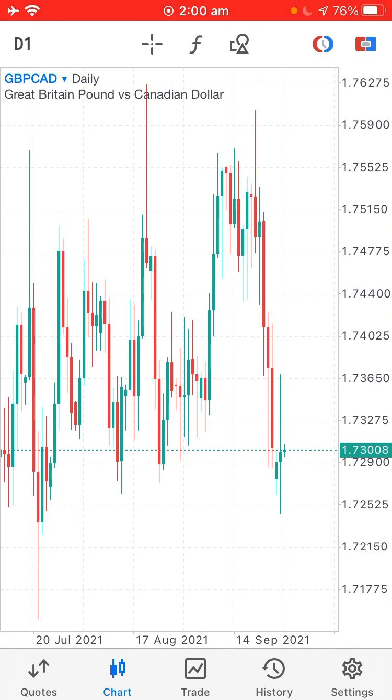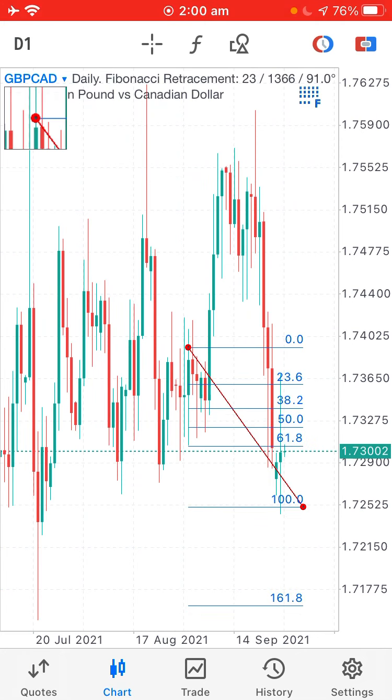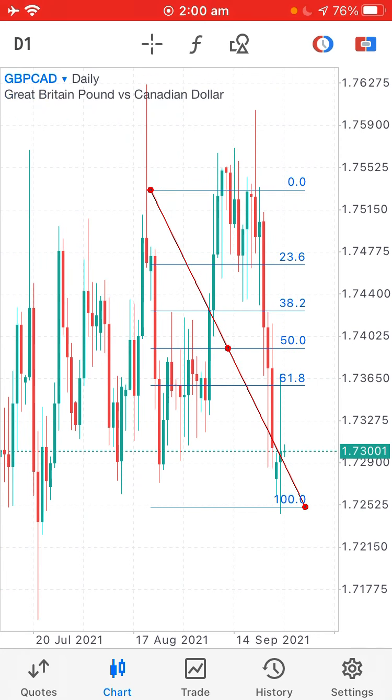So now we want to check if this retest made by this market is a very correct retest. Remember, if we are expecting the market to make a retest, we expect the market to retest the previous supports, and that previous support or resistance must match with a Fibonacci level. Understand? So if we take our Fibonacci from the low to the high, to see where this market is meant to retest.